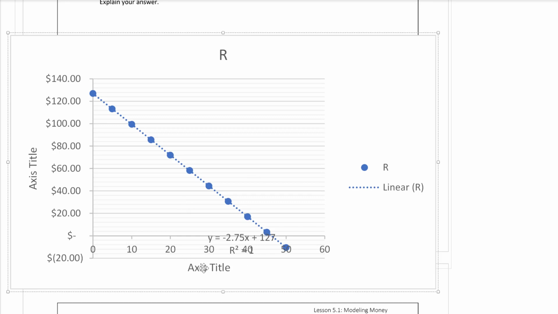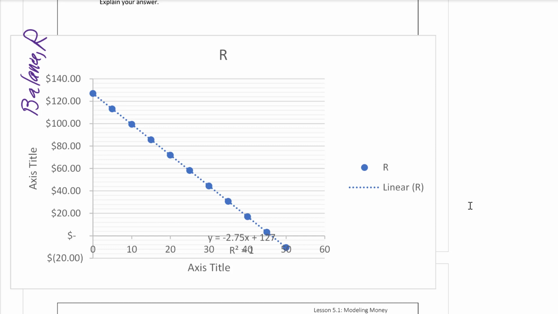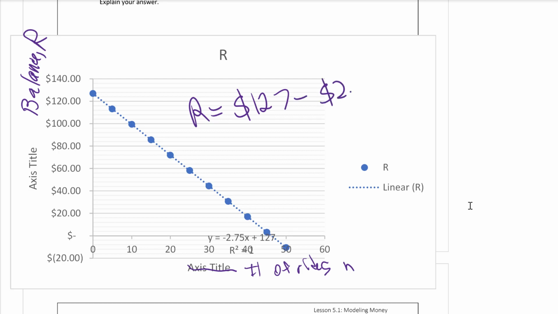Notice that Excel automatically does the horizontal axis as the number of rides, and then it uses the vertical axis as the, so this is the balance. This is the little R that we use, and the horizontal axis we have number of rides, which is N, and the equation using the variables that we have is the starting balance minus 275 for every ride.